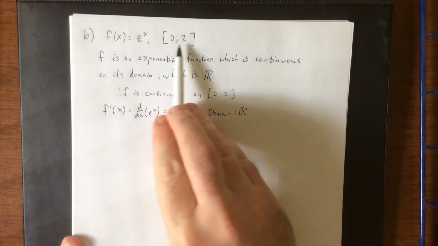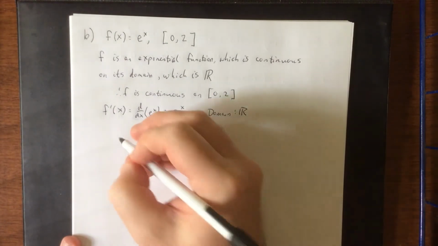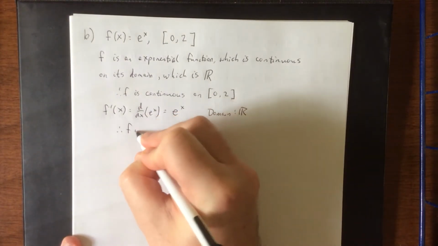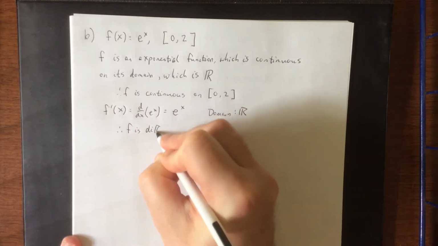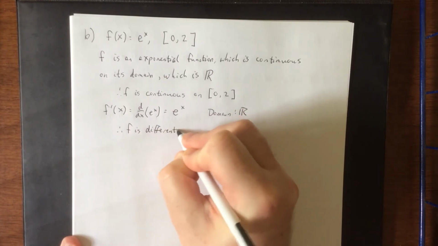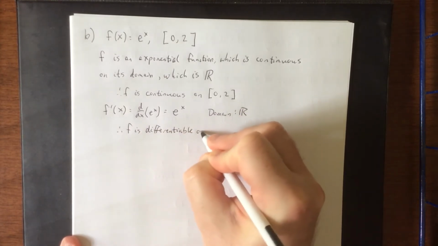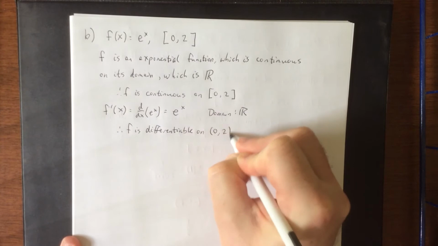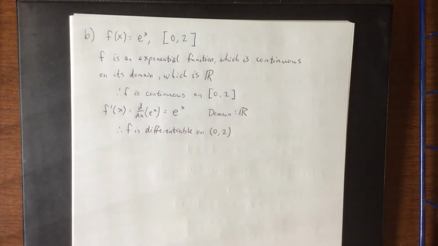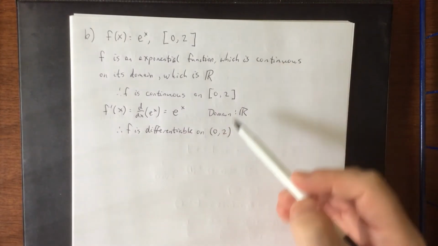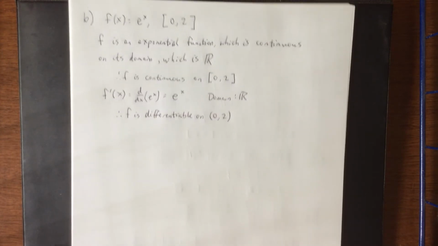Now the open interval from 0 to 2 is definitely contained within all real numbers, therefore we can say f is differentiable on the open interval from 0 to 2. So that takes care of the two hypotheses of the mean value theorem.